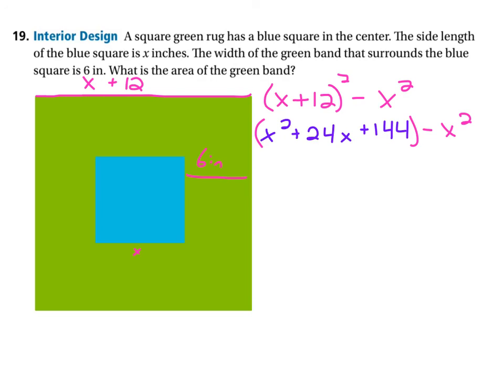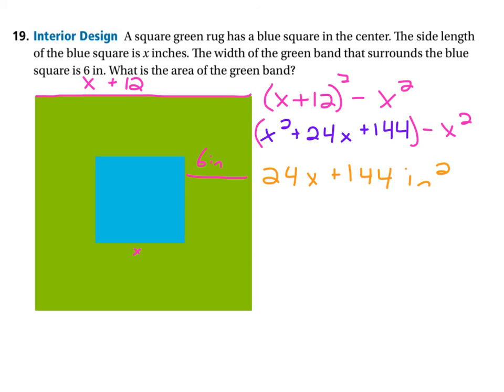Okay? Now, you can see that we have an x squared here at the front, and we're taking away x squared. So if we combine this term with this term, those go away, and we get, as an answer, 24x plus 144, and that is inches squared.